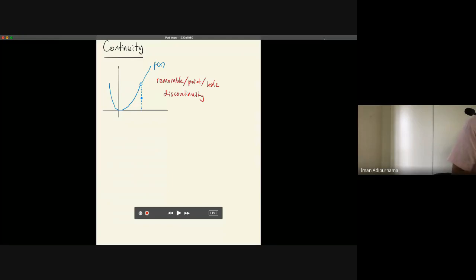And then another case, this we call jump discontinuity.